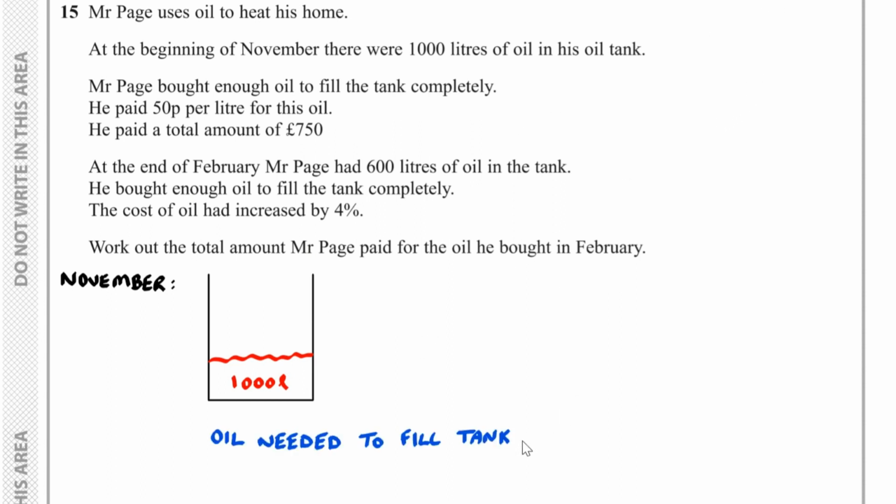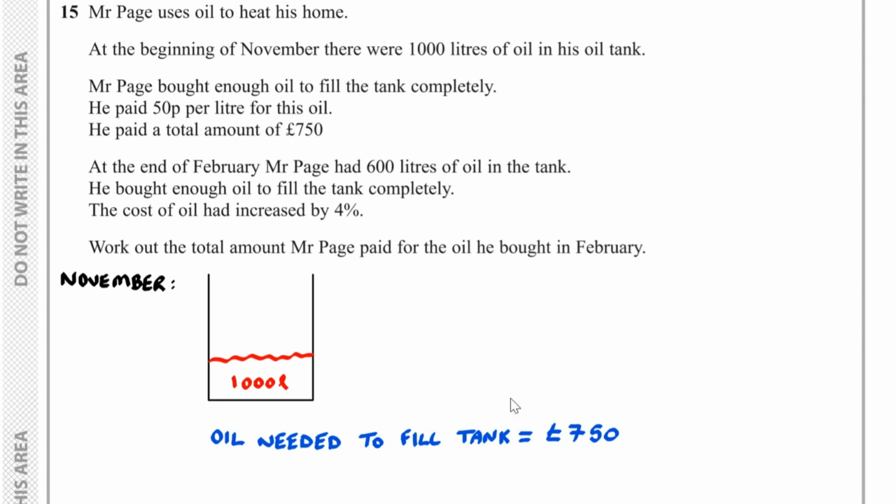So the oil needed to fill the tank, well, we've got 750 pounds. That's how much it costs to fill all the tank up, and then we pay 50p per litre, so we need to find out how many litres were bought in total.